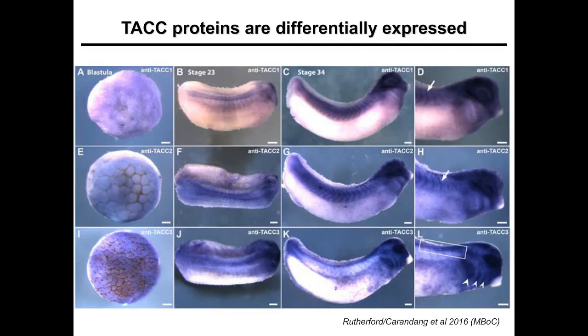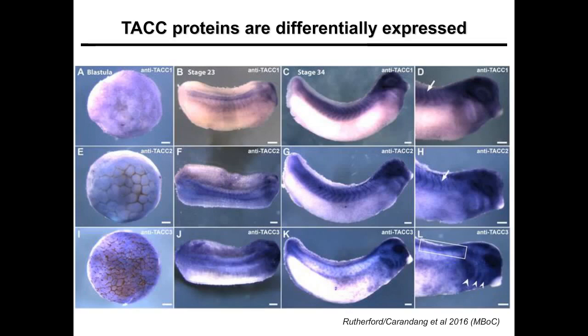What we found is that TACC3 was particularly expressed in the nervous system, in the neural tube. If you look at panel L here, there's a box around the neural tube localization, as well as these arrowheads point to the pharyngeal arches, where neural crest cells are moving down to populate the face.